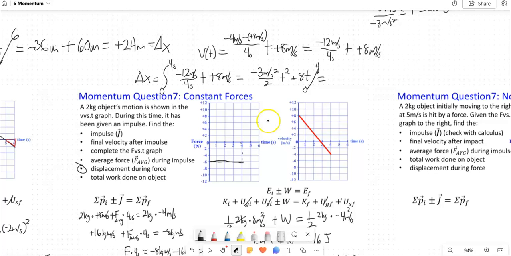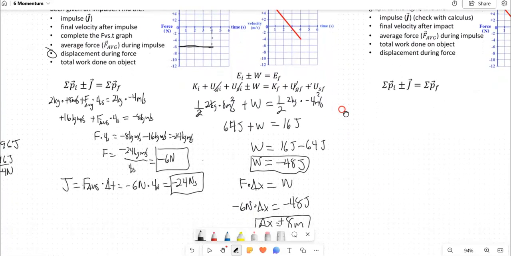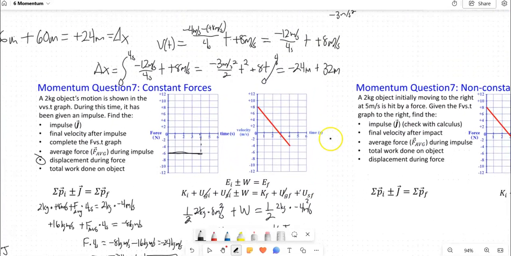So we got 16 divided by 2, which is 8. 8 times 3 is negative 24 meters, plus 32 meters, and that is going to work out to be positive 8.